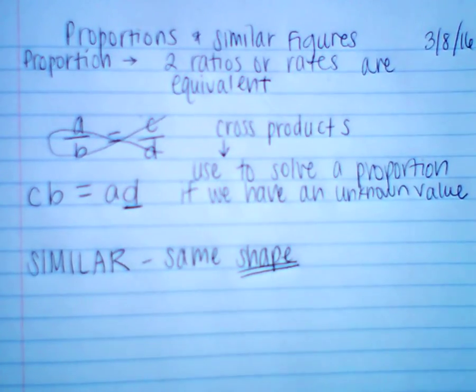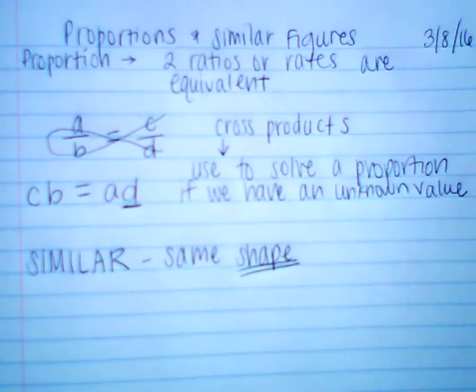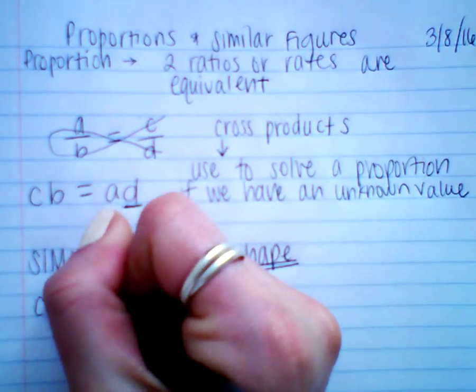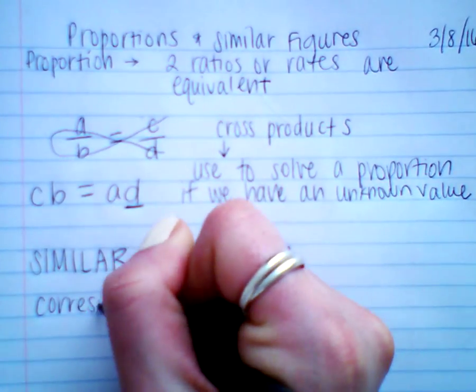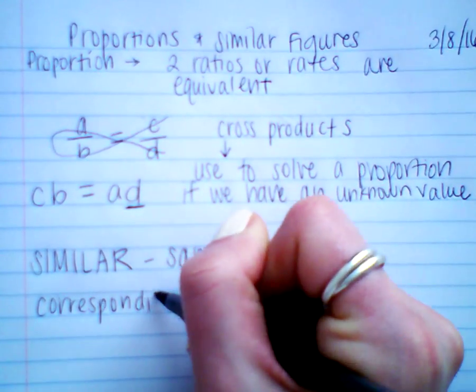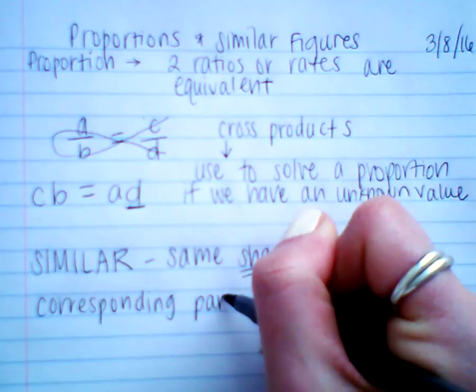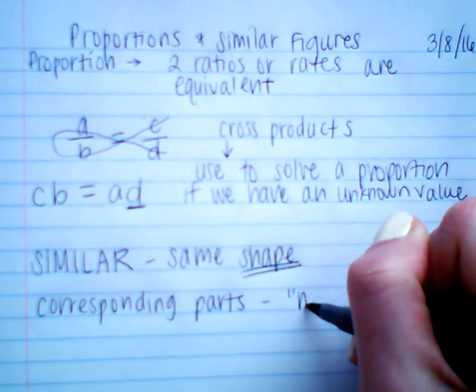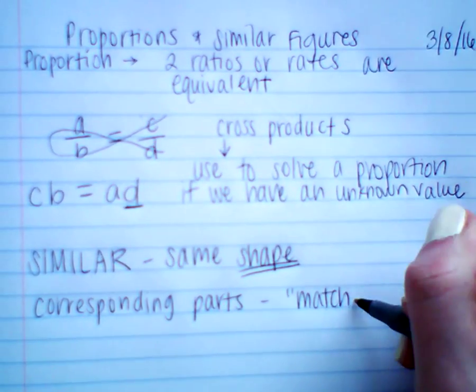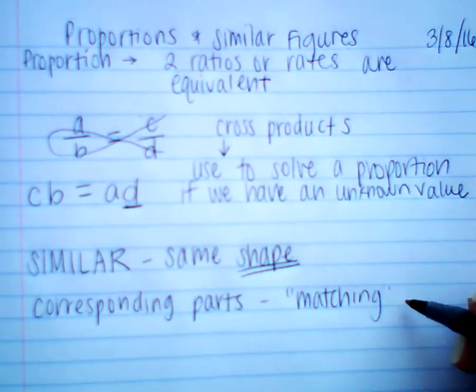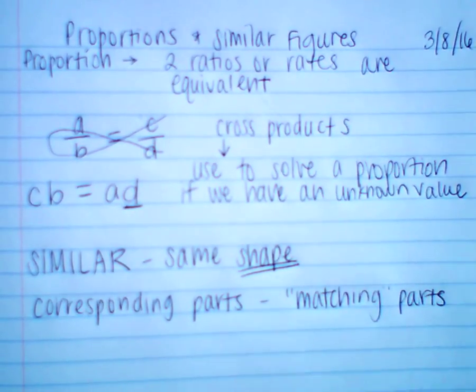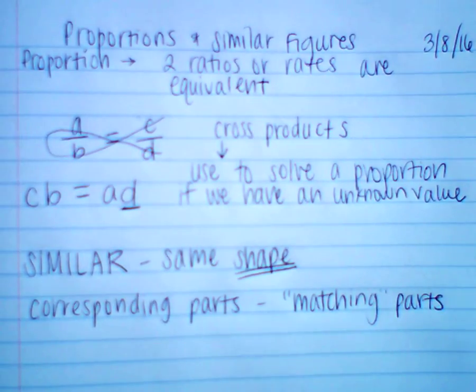Similar figures still, like yesterday with congruency, still have corresponding parts. Or remember how it was like the matching parts. So that's when we used the colors and we circled and we squared the different letters.